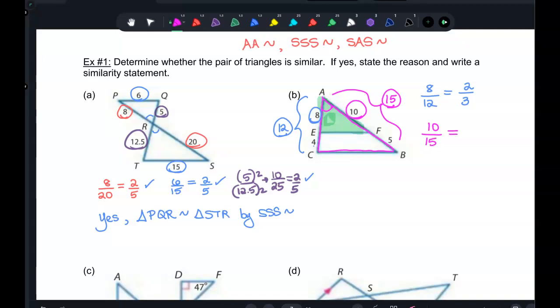If I divide the top and bottom both by 5, I get 2/3. So these two are congruent. My answer here is yes. Triangle AEF is similar to triangle ACB by side-angle-side similarity.